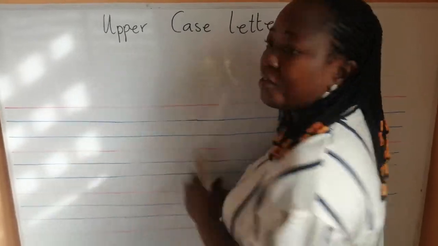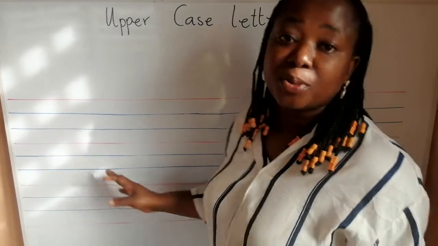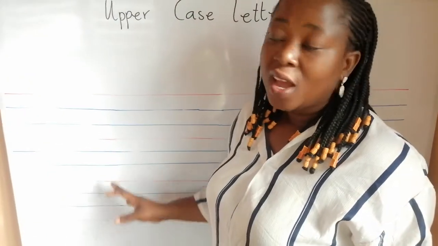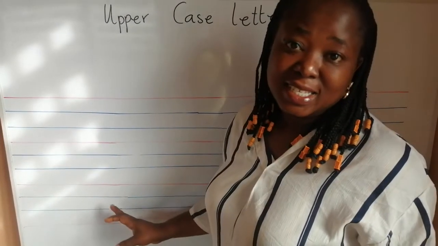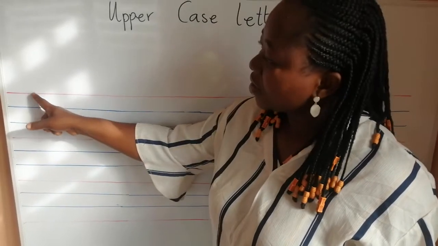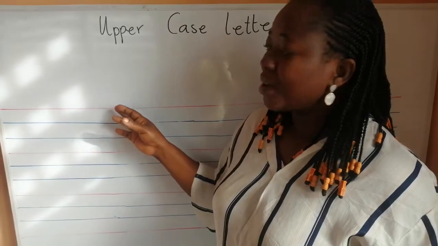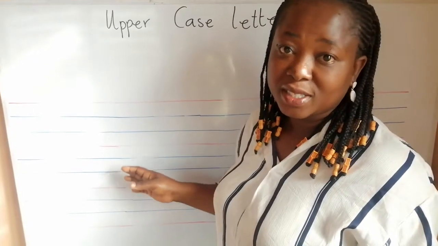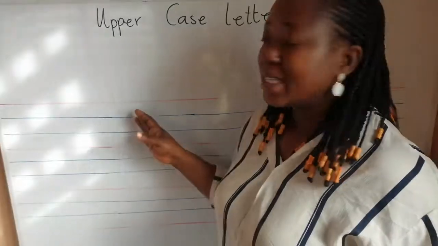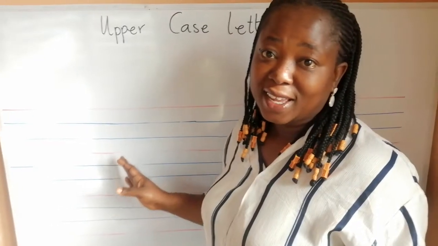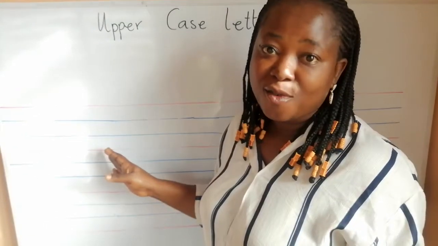Now, I have made some lines here to help us in our writing. All the uppercase letters begin from the very first line. I have used color differentiation to help us with the line so that we can easily identify and then know where to start from.